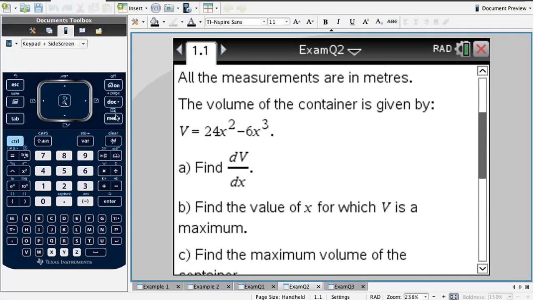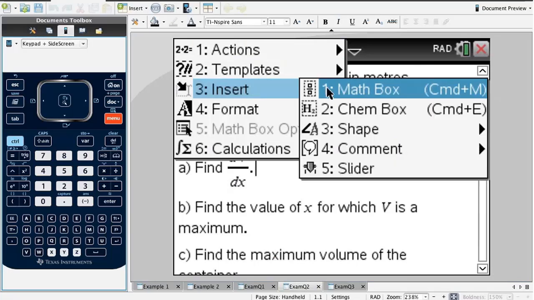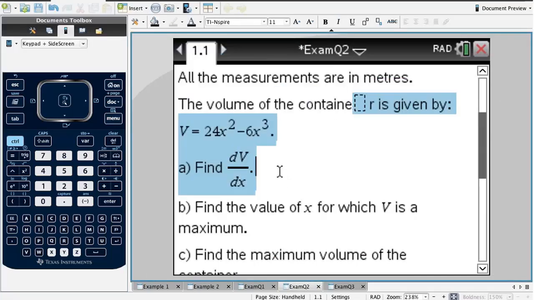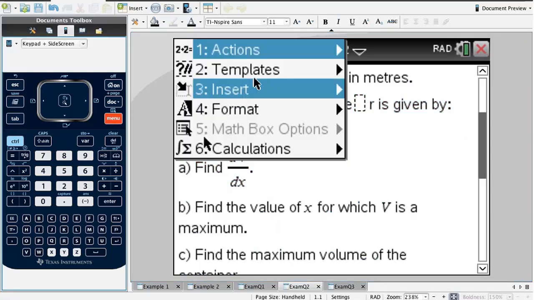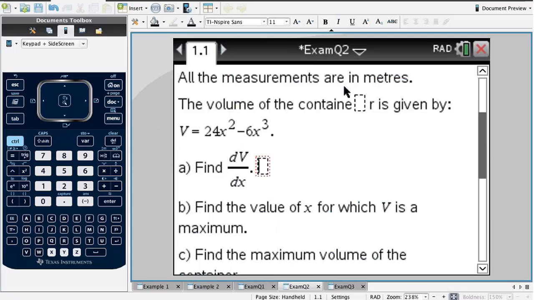Menu, insert, math box. I'll try again. Menu, insert, math box. So that would be 48x minus 18x squared, the derivative of V. Find the value of x for which V is a maximum.